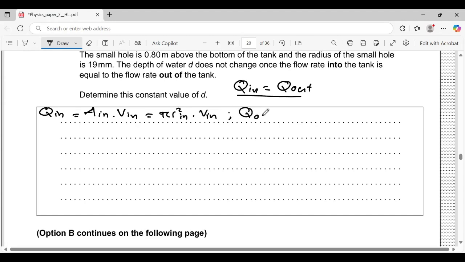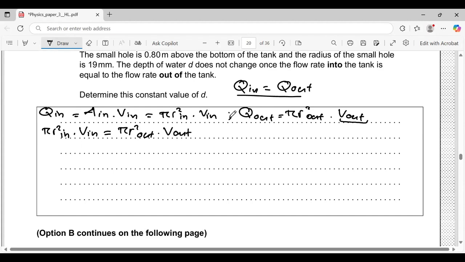Meanwhile, Q out equals pi r squared out times V out. So we are going to find first V out. Since Q in equals Q out, pi r squared in times V in equals pi r squared out times V out.